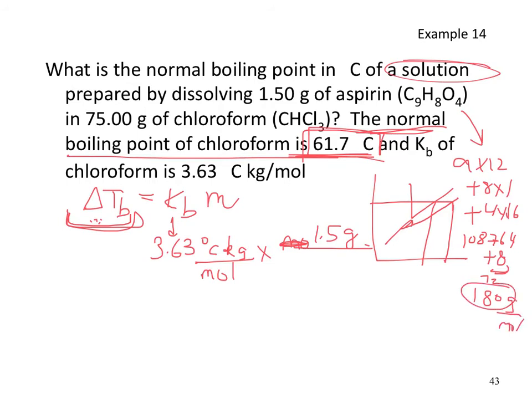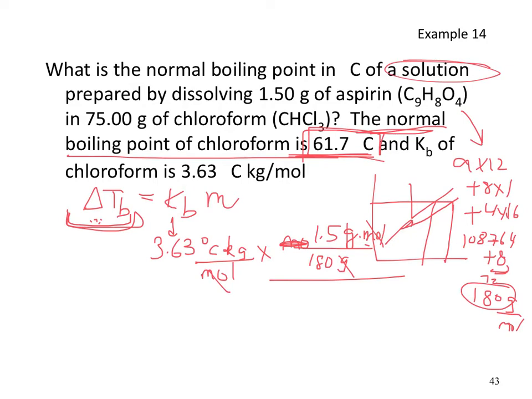So I would say that the moles are 1.5 grams divided by 180 grams per mole. Grams and grams will cancel off, and moles and moles will also cancel off.